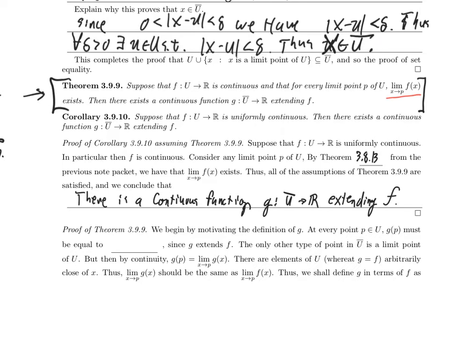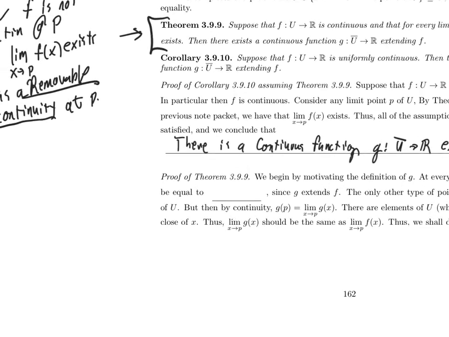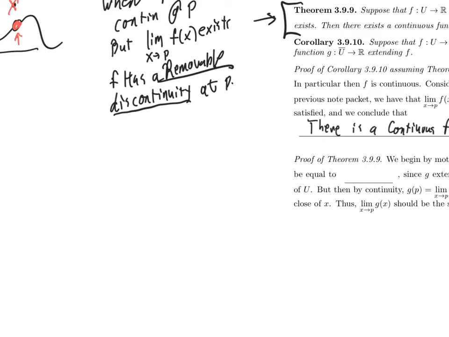So let's read the theorem and see what we need to find. So let's suppose that f from U to R is continuous, and that for every limit point p of U, the limit as x approaches p of f of x exists. I need to come up with a continuous function, because I need to show one exists, to find on the closure of U, which extends f. So, let's remember there are like two different types of points in U-bar. U-bar is U together with the set of all x's such that x is a limit point of U. Right?